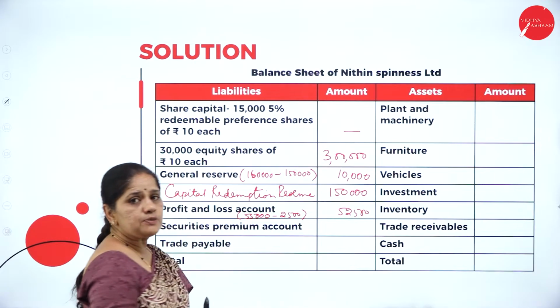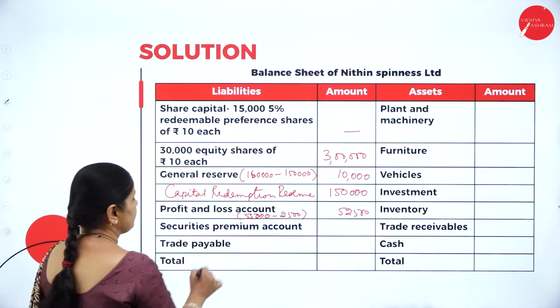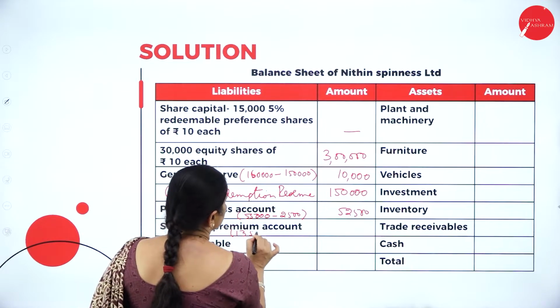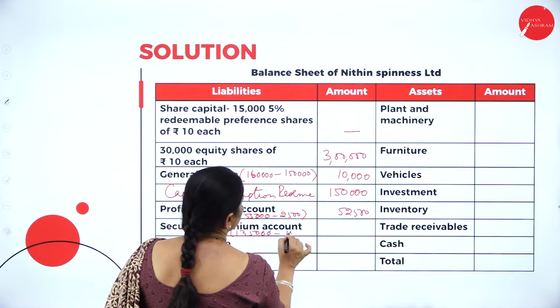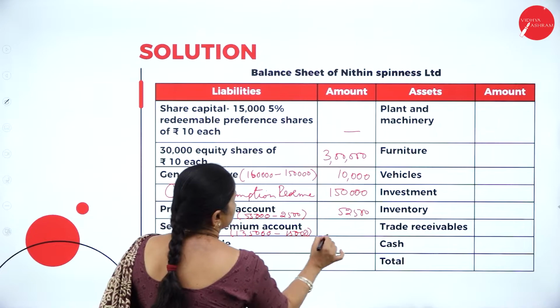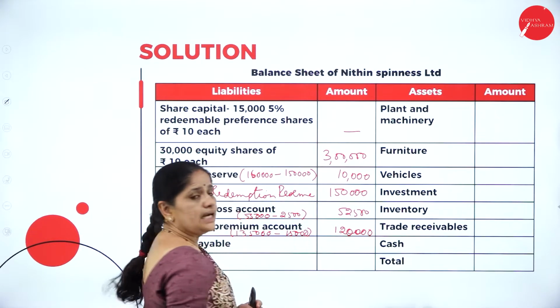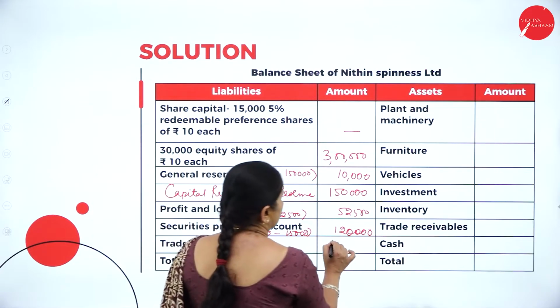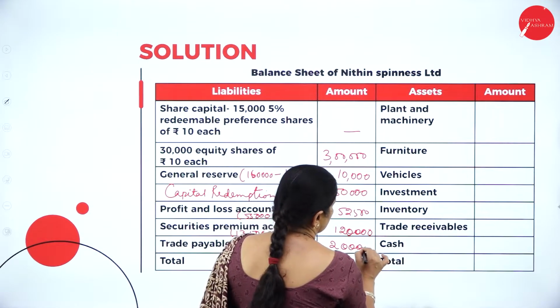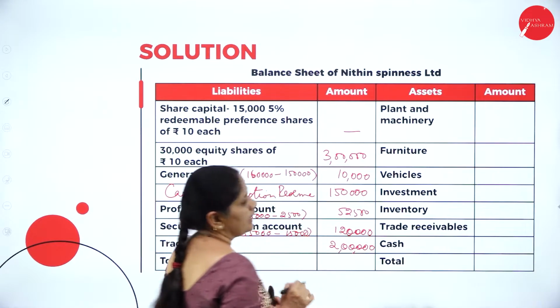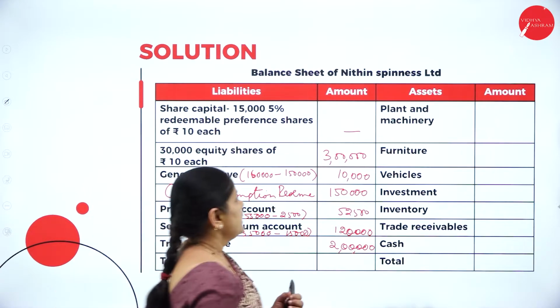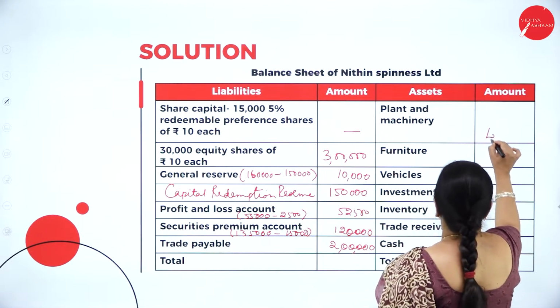Then securities premium account 1,35,000. Out of this I have taken 15,000. So it will be 1,20,000. Then trade payables 2 lakhs. Now plant and machinery, it is 4 lakhs.